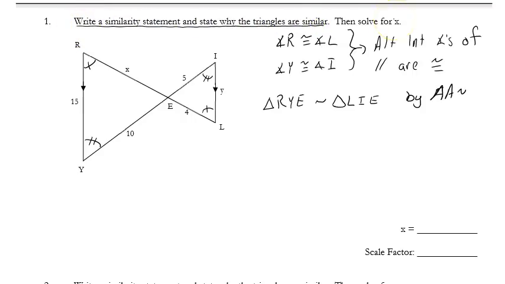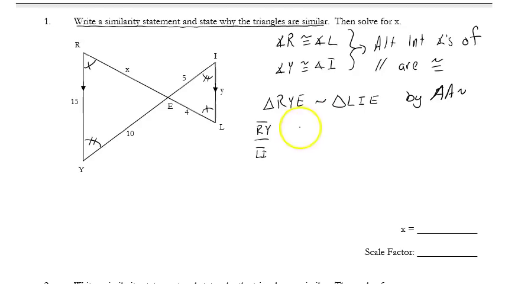Now I have to solve for X. These are tricky because these are rotational similarity. So I like to look at it by writing all of my corresponding proportional sides first. Meaning I'm not going to look at the picture. I'm going to look at this statement and see that segment RY corresponds to segment LI.